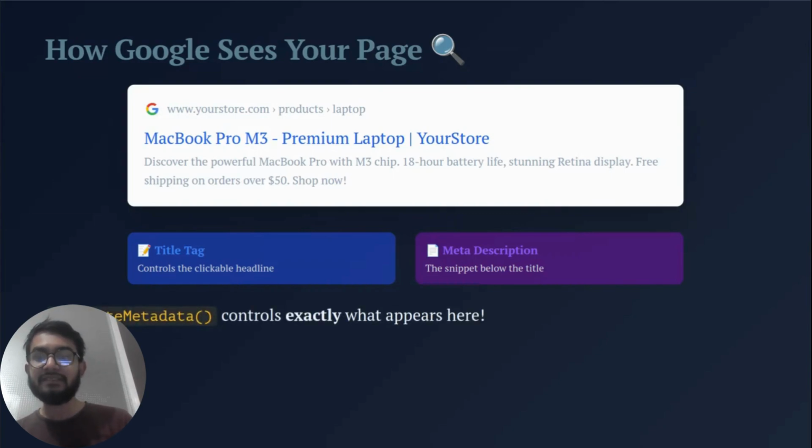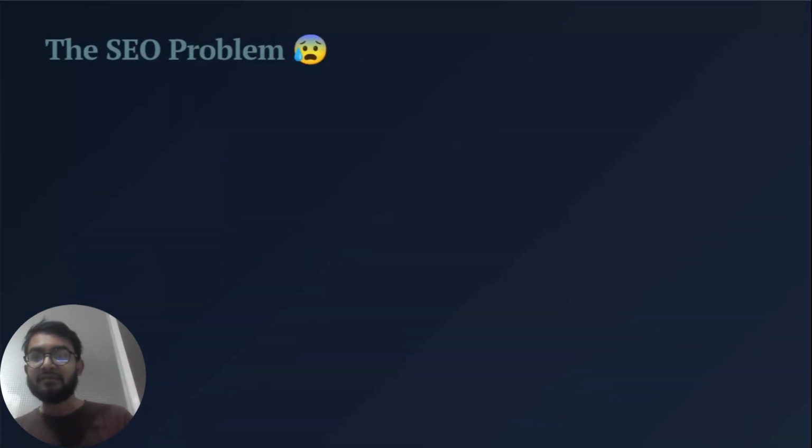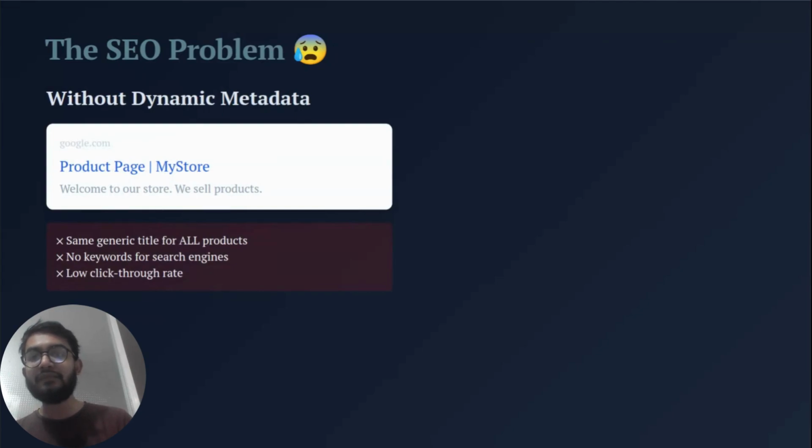And in Next.js, the generateMetadata function controls exactly these things, what appears here. So, the SEO problem. Without any dynamic metadata, I mean without any specific title, if you just write something like this, product page, my store, and some very short description, welcome to our store, we sell products, this is actually not good for SEO.